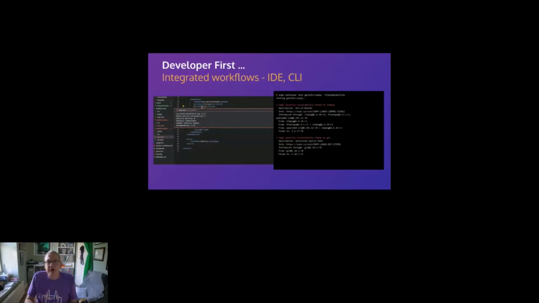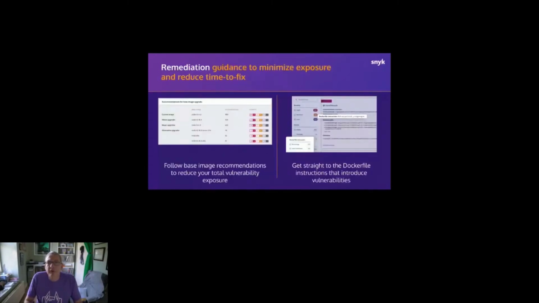So we need to reduce the overhead for developers to use these tools right at the point they're working, before code even gets into our repositories. And most importantly, the tooling that we use has to provide developers with the right information to be able to make security decisions. If we put together big lists of vulnerabilities, that's really not very useful.